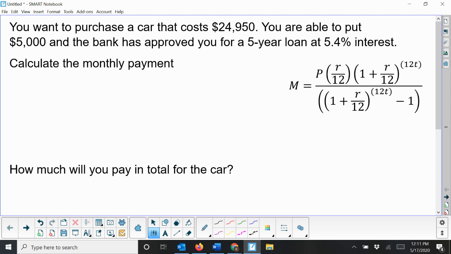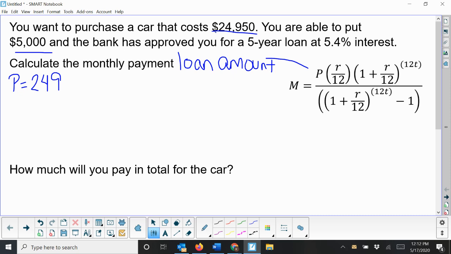Now, you do need to be careful. Our principal is actually the loan amount. So it's not necessarily the cost of the car, it's how much money the bank is going to give you to buy the car. If you're putting $5,000 down, the bank doesn't need to give you this full amount. So our principal here is actually going to be the cost of the car minus the $5,000 that you're able to put down.